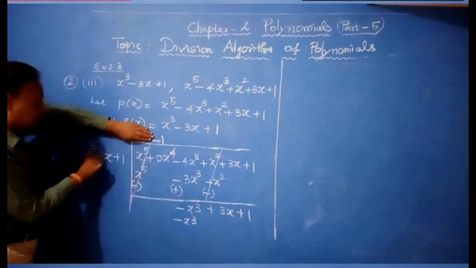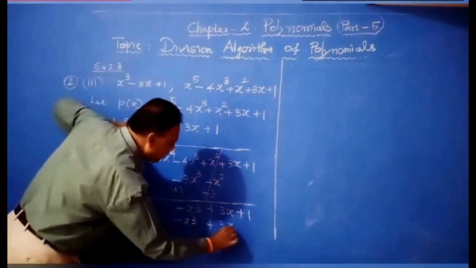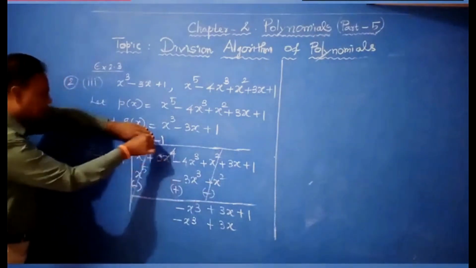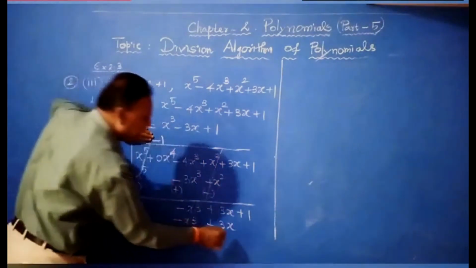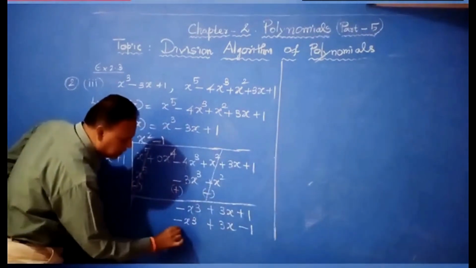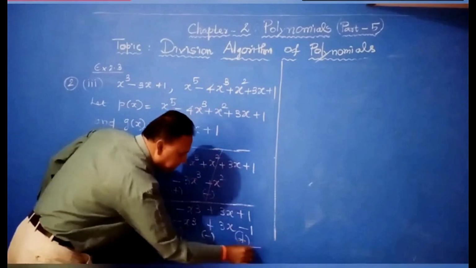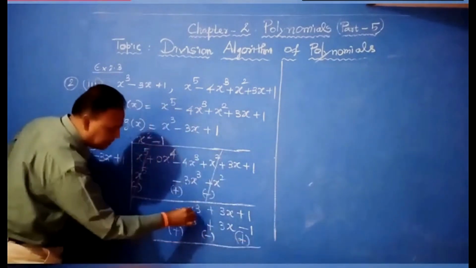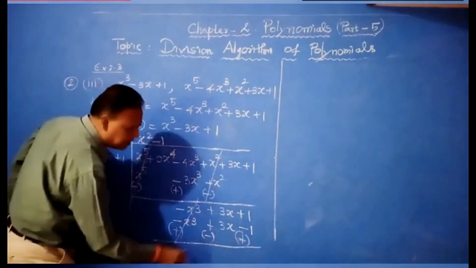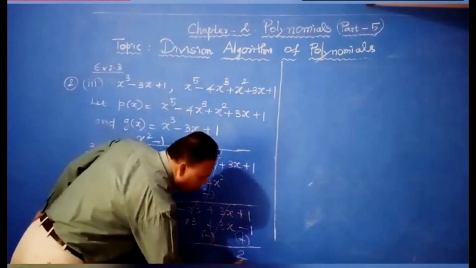Minus into minus, plus 3x. Then minus 1 into plus 1 is minus 1. Now subtract. Change the sign. Now this will be eliminated. This also eliminated. So plus 1, 2.